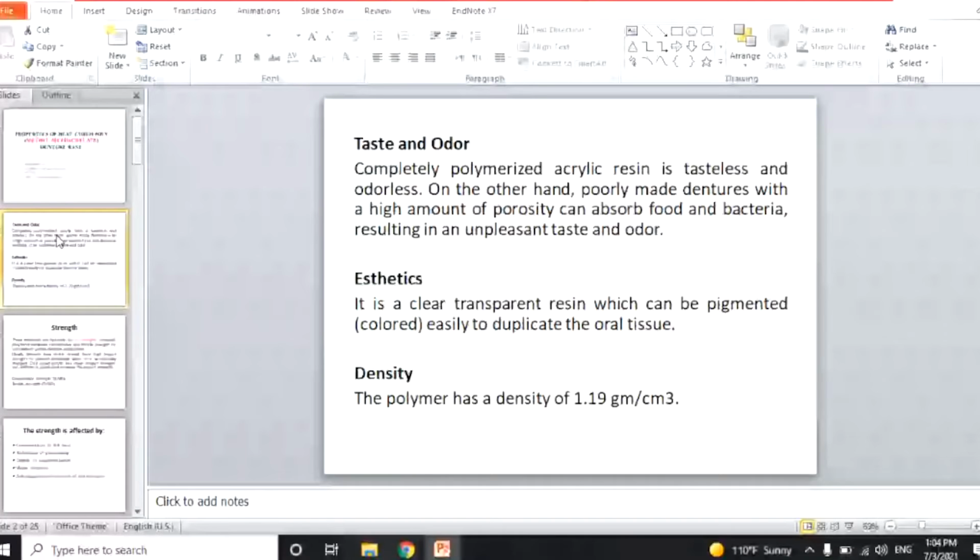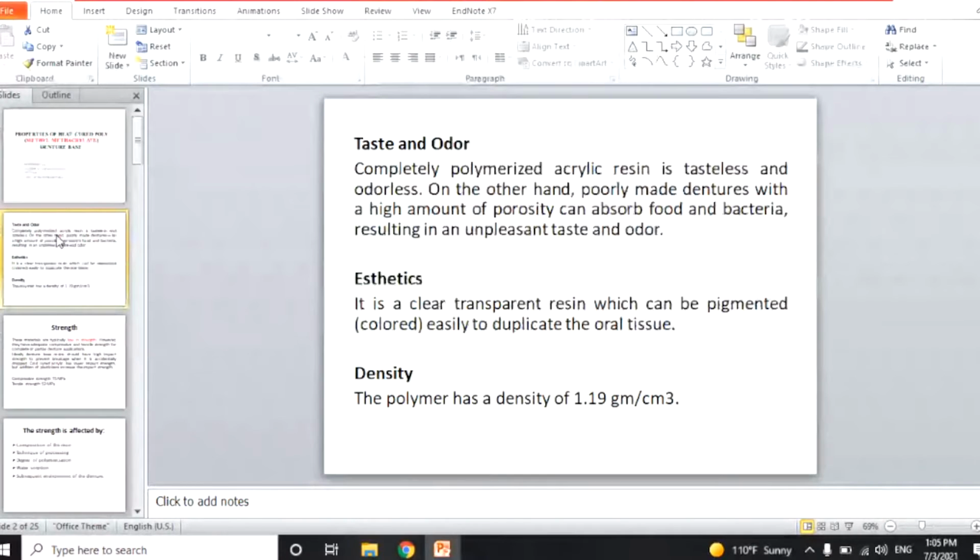But when you construct the denture, sometimes you construct the denture not smooth. That means that food accumulation can cause bad odor and bad taste to the patient.